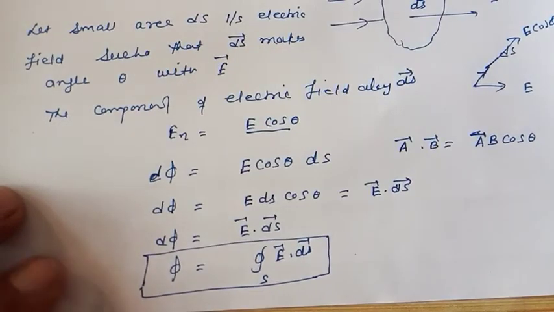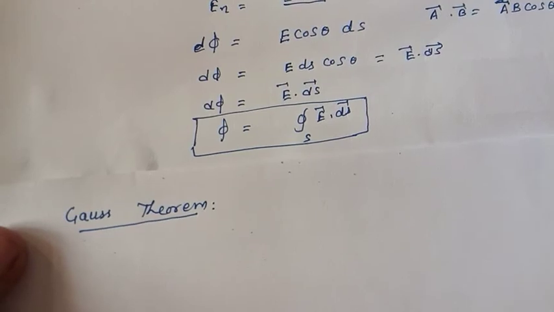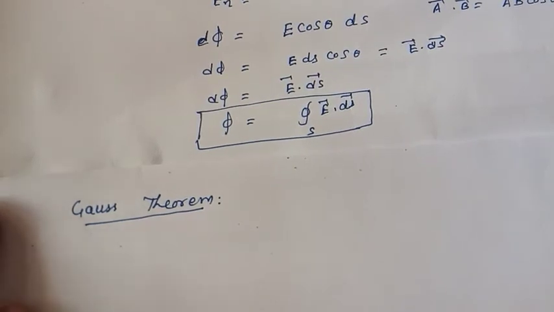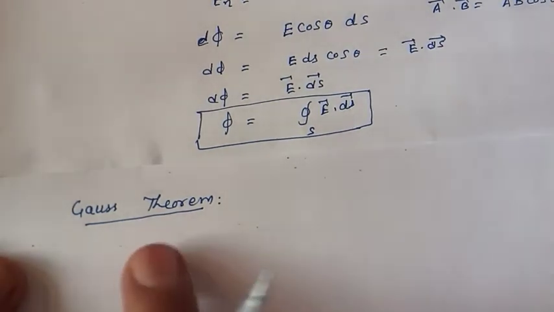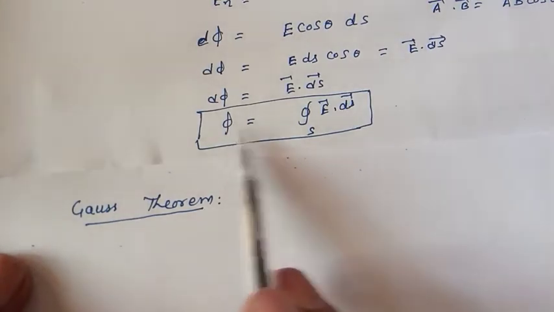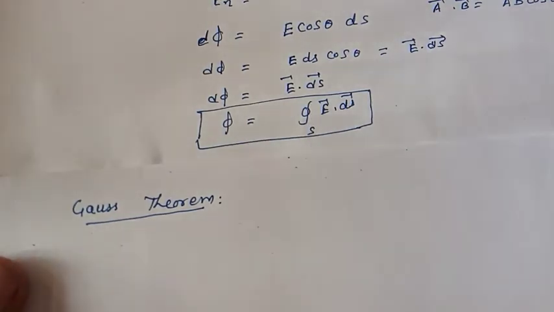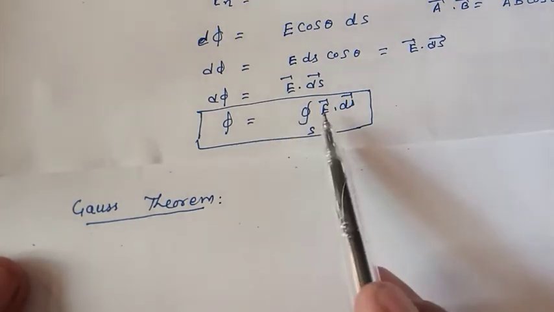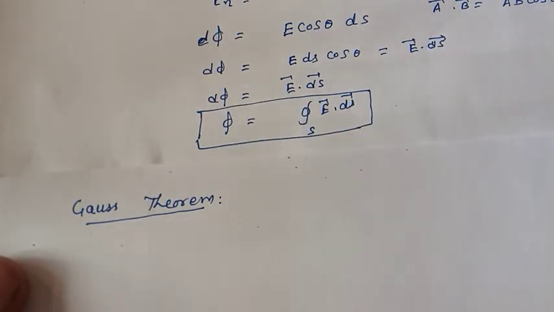So this is the important formula for us. Now we will discuss Gauss theorem. Gauss theorem also gives us the electric flux. We have calculated electric flux through this formula also. Now what does the Gauss theorem say?